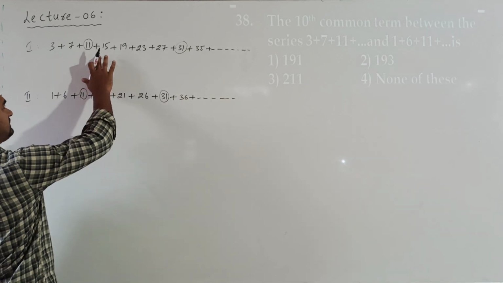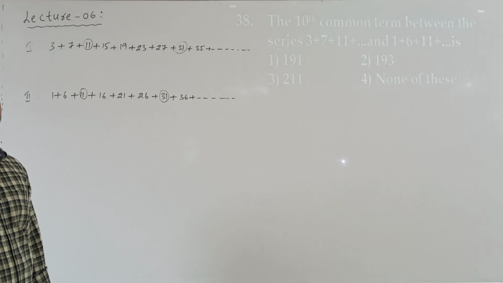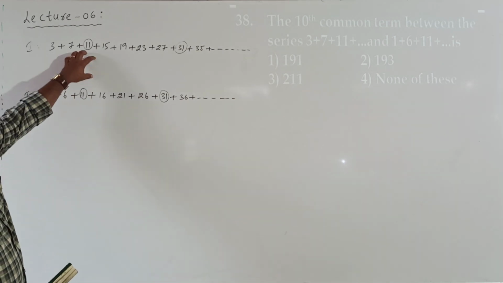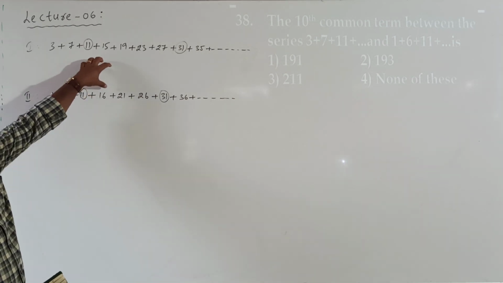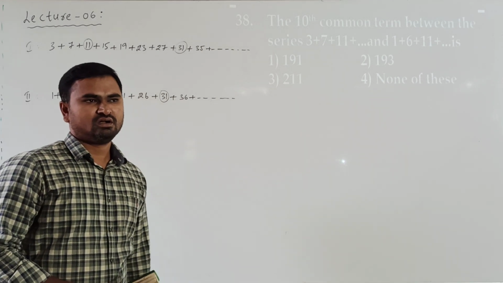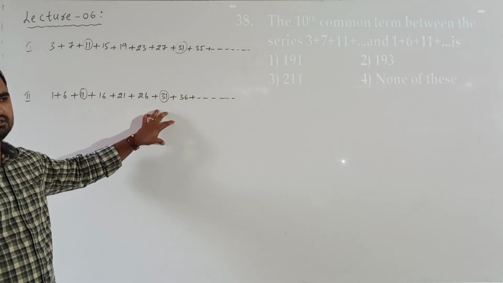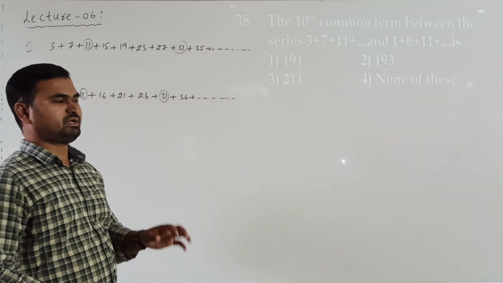Now out of all these, what is the first common term? First common term is 11. Just by writing some terms and observing, we can find the first common term. Now, what is the common difference for that arithmetic progression?